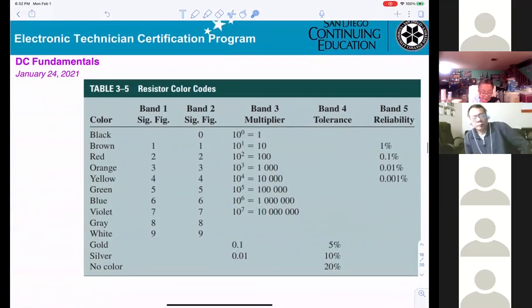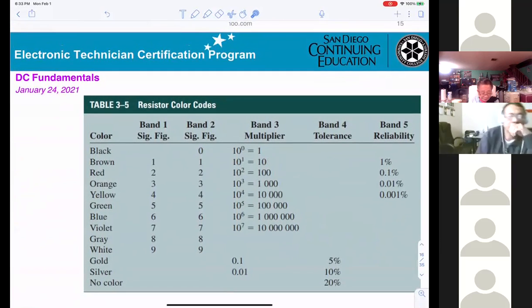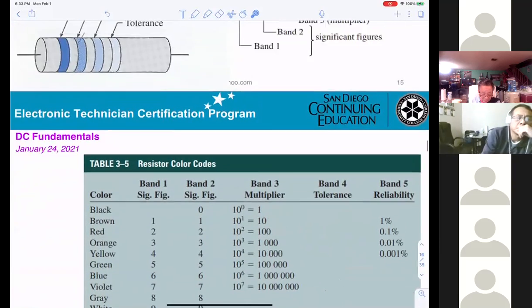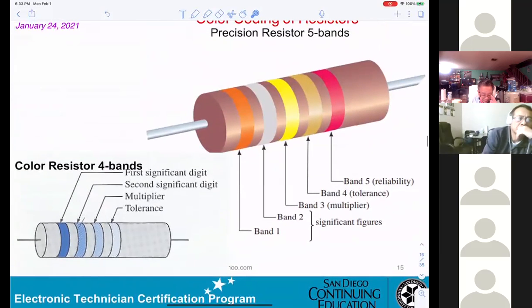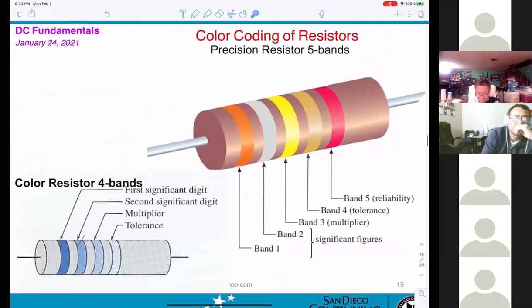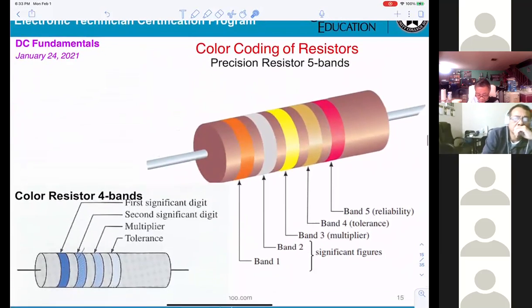Mr. Pham, I've got a question. Previously, when we learned about the precision resistor, the 5-band one, the first 3 bands are the digits, the 4th one is the multiplier, and the 5th one is the tolerance. How come in this slide band 4 is tolerance and band 5 is reliability?